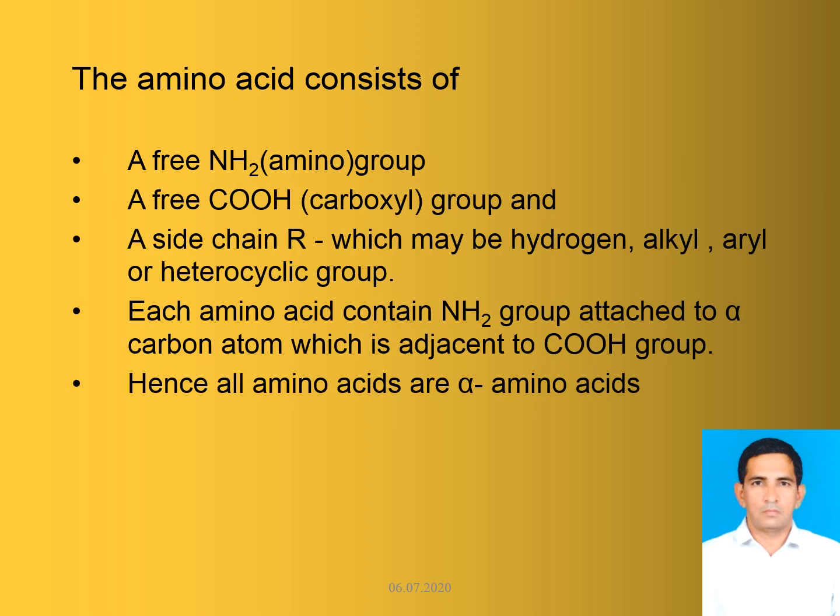An amino acid is an organic molecule that is made up of a basic amino group NH2 and an acidic carboxyl group COOH and an organic R group that is unique to each amino acid.